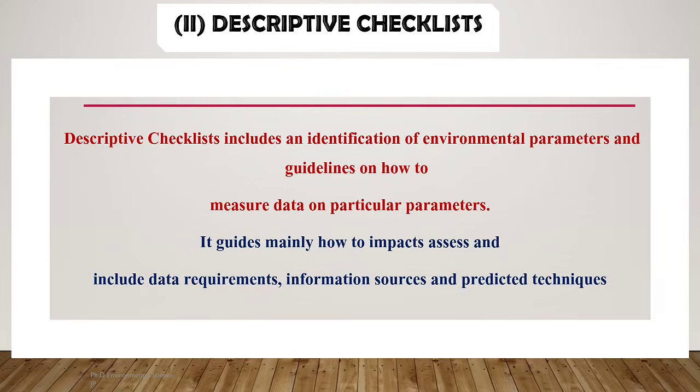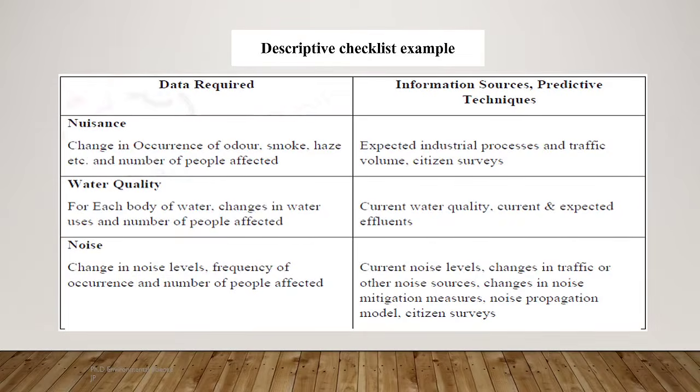So as I discussed in previous slide, in this checklist you will be given guidance how to measure the data. From the example you can see here you require data on nuisance like change in occurrence of odor, smoke, haze, etc. and number of people affected. So you need not think from where you have to get this data. It will be given in the checklist.